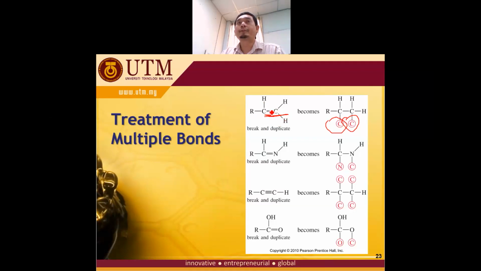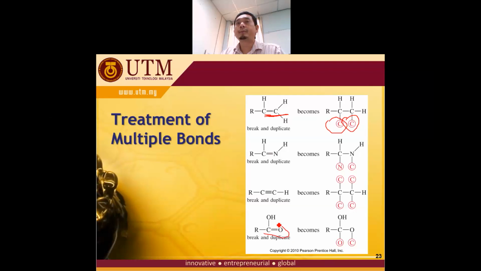If C double bond C, this one is bonded to C and this one is also bonded to C. If C double bond N, it will be C, N. Why N? Because N is next to carbon. This is C double bond N, so it will be C N, N C. This is the same example here.